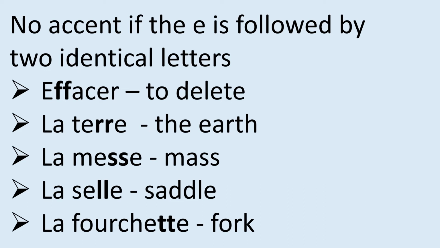Then we have la terre, R, so it's going to be an accent grave, but because here we have the two R's, we're not going to put it. La messe, same thing, which is mass. La selle, which is saddle. La fourchette, which is fork.